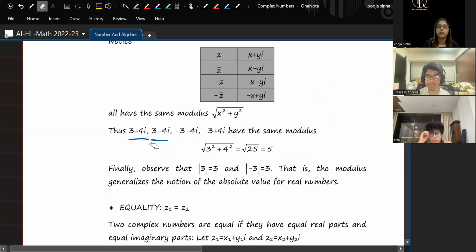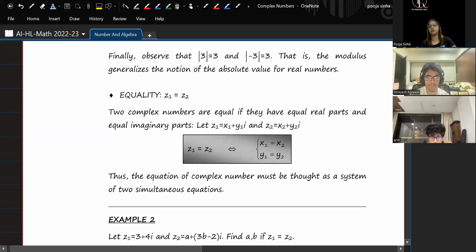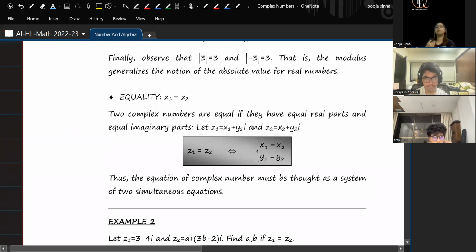Now we come to the next topic, that is equality. So 2 complex numbers are equal if they have equal real parts and equal imaginary parts.